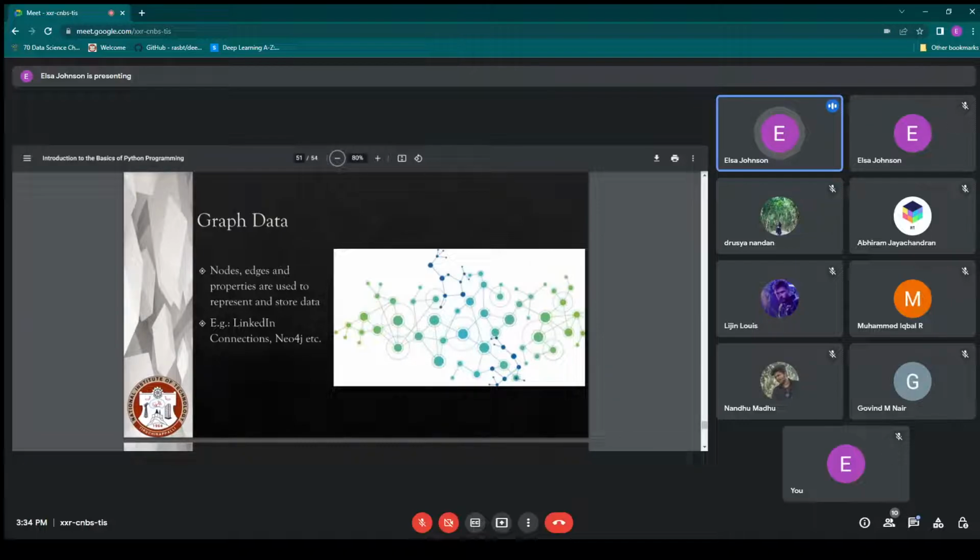You have direct connections, and from their connections you are related to other people. Graph data is drawn out to show how you are related to someone, and nodes and edges represent how that relation comes about. That is the graph type of data.